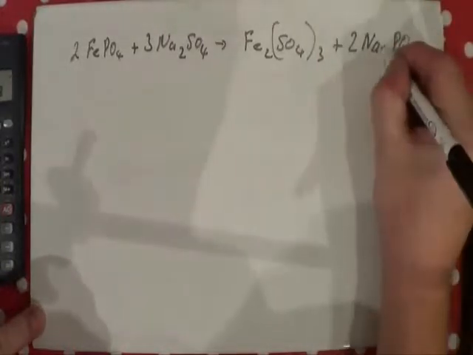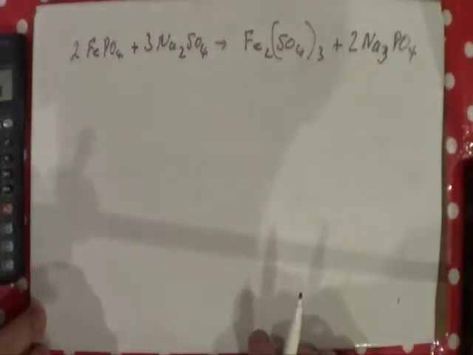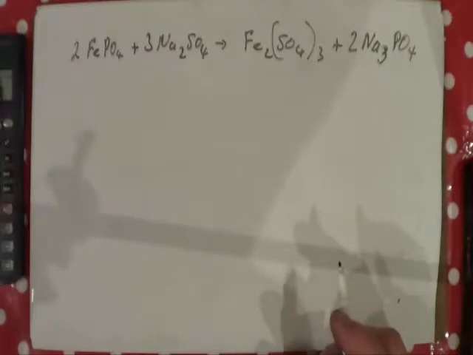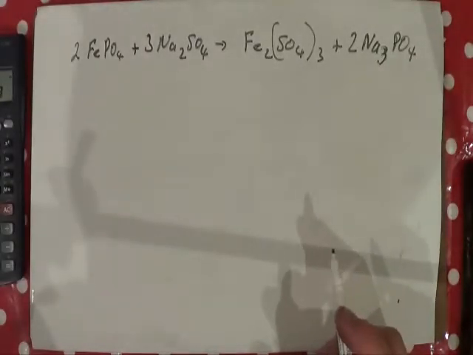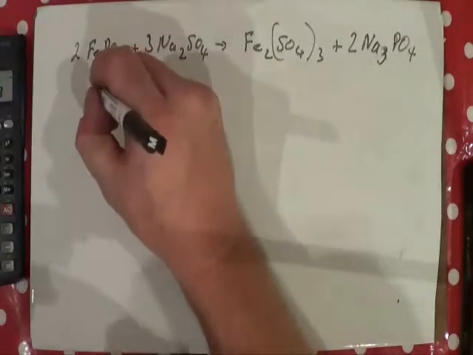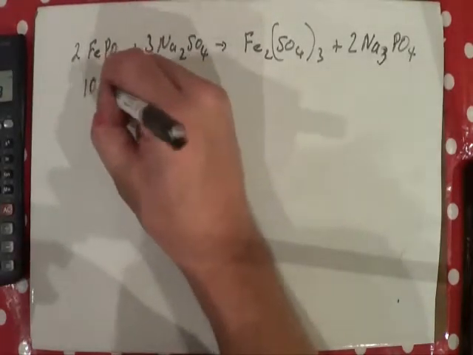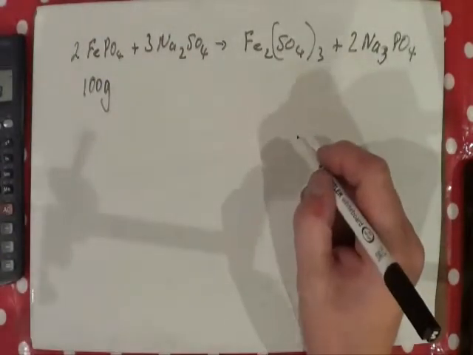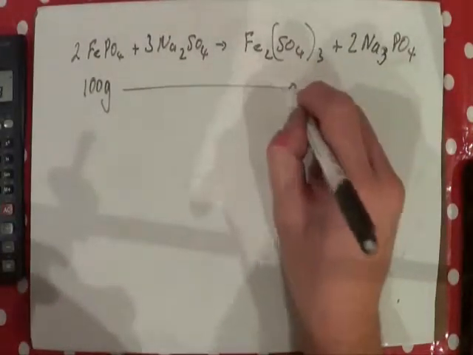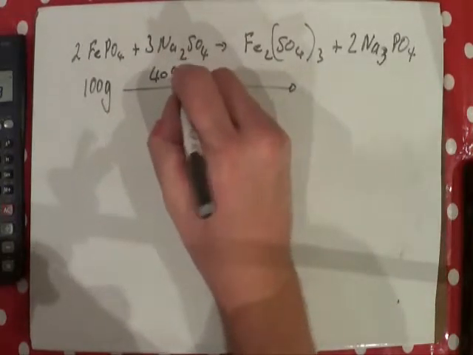So we'll do another one similar to that, and hopefully most of you will be fine by then. Let's say this time we have 100 grams of this, and we get a 40% yield.